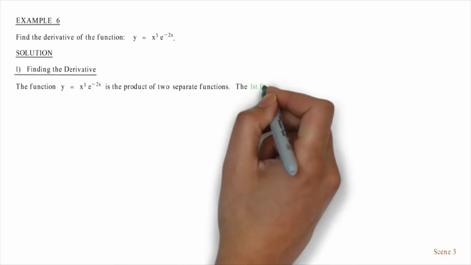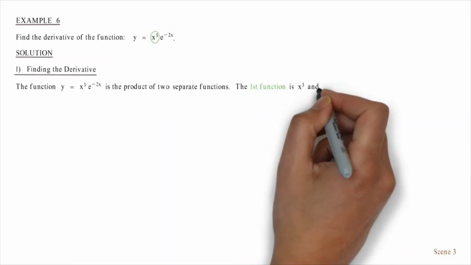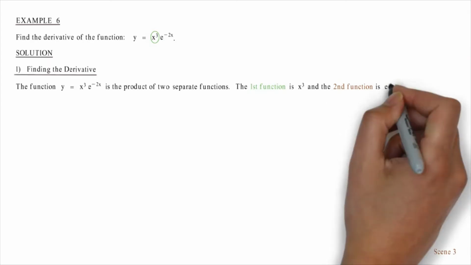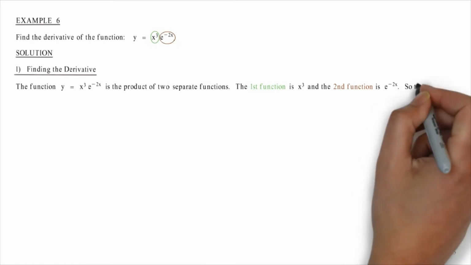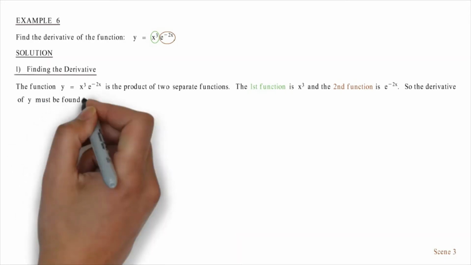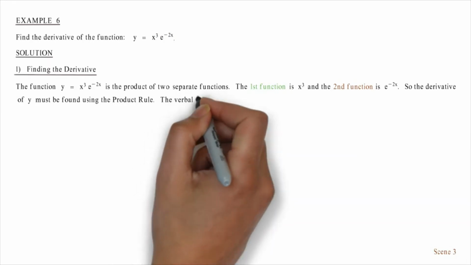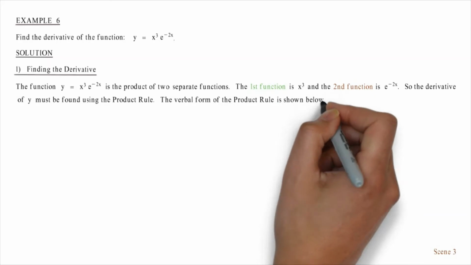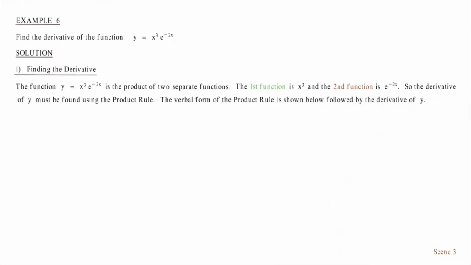The first function is x cubed, and the second function is e to the minus 2x. So the derivative of y must be found using the product rule. The verbal form of the product rule is shown below, followed by the derivative of y.